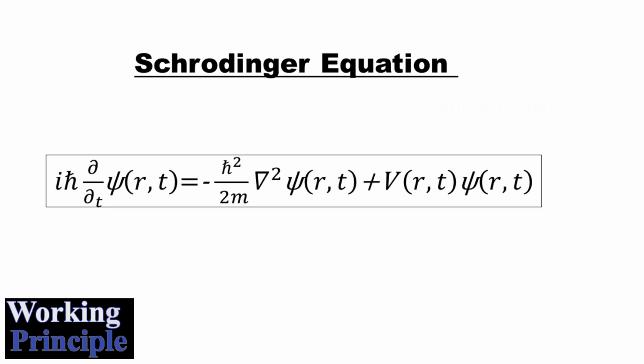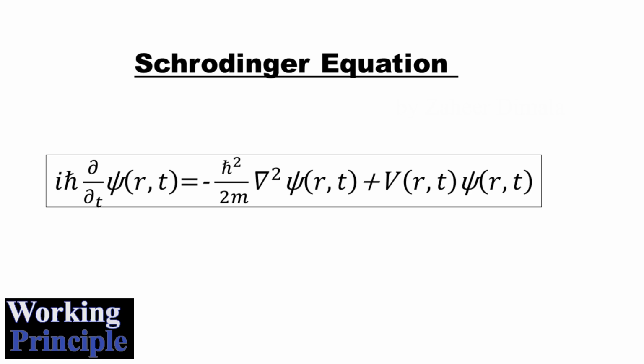And the answer is that it is the Schrodinger equation which gives us these types of probability outcomes. This is the Schrodinger equation, and it is one of the most important equations in quantum mechanics. Think of it as Newton's laws for subatomic particles.